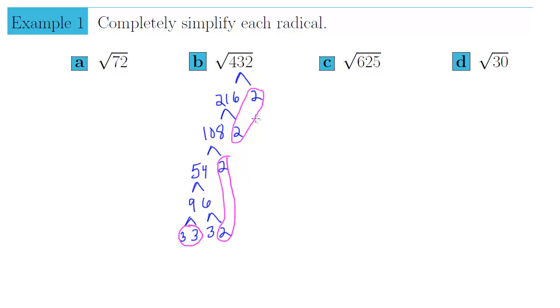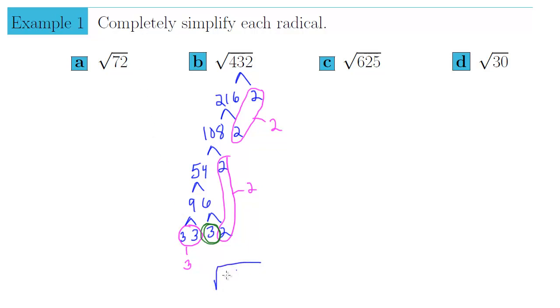Which means on the outside I'm going to have a 2, a 2, and a 3, because that's what my square root does. It takes identical factors and gives you a single representative back. And then on the inside I'm going to have this lonely 3 left over.